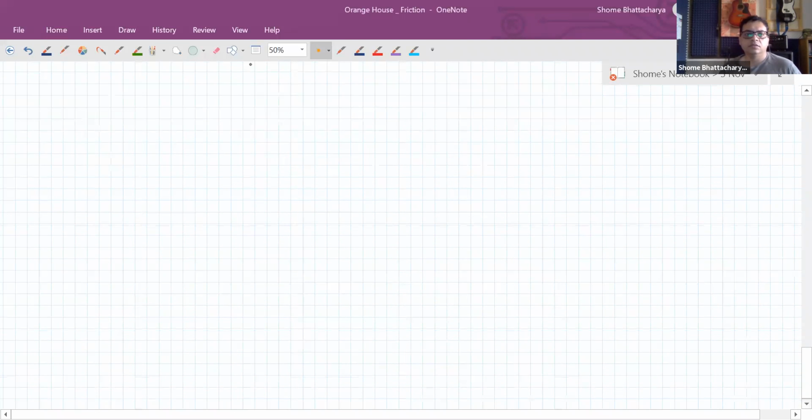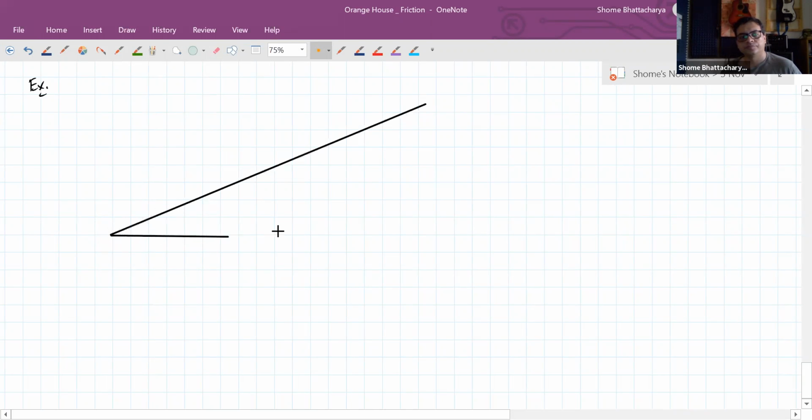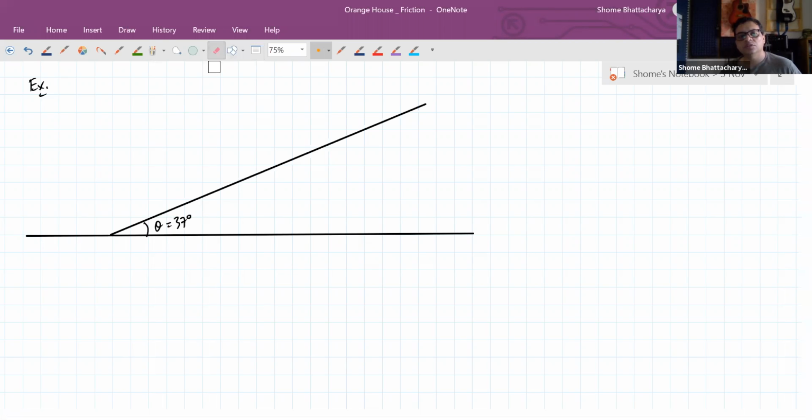Next, let us look at another limiting friction problem, but this time on an inclined plane. So we have an inclined surface like this, which is inclined at 37 degrees to the horizontal.